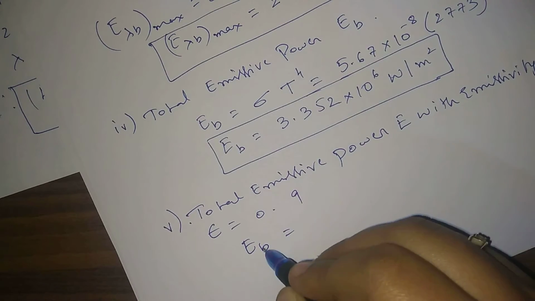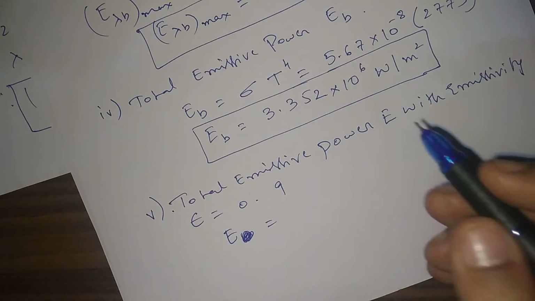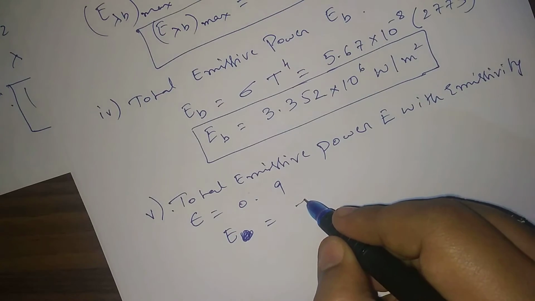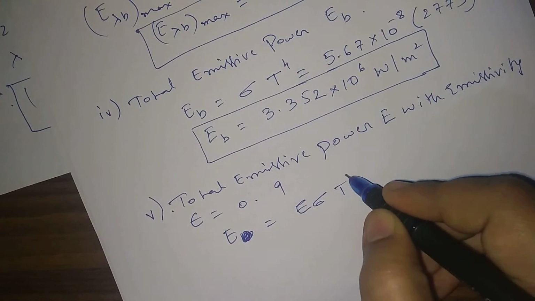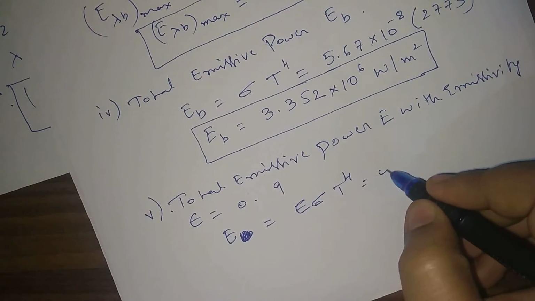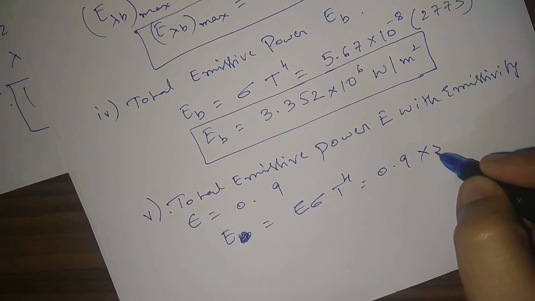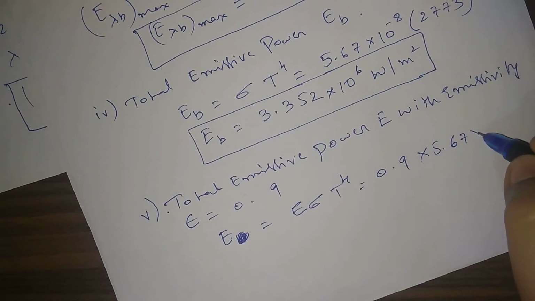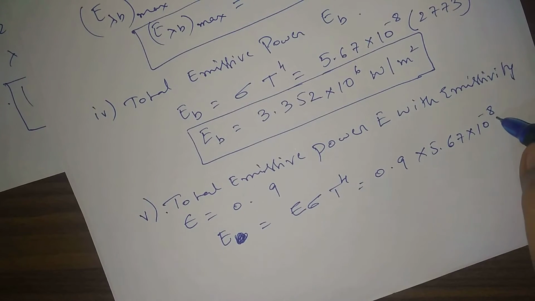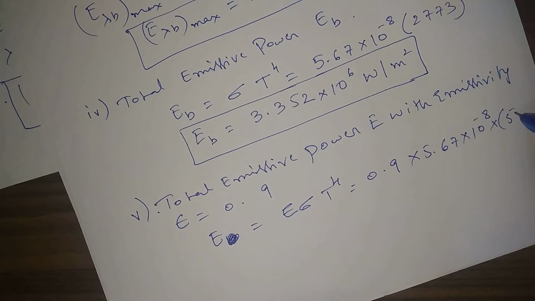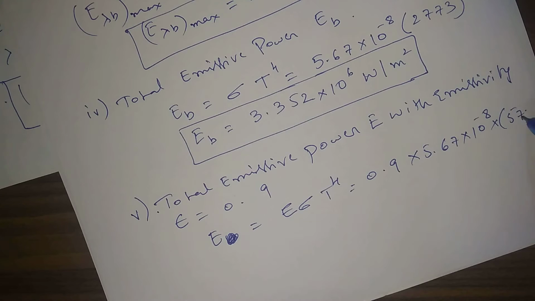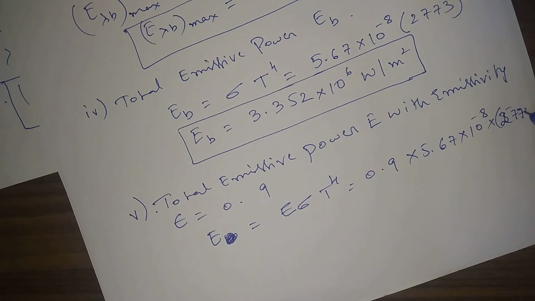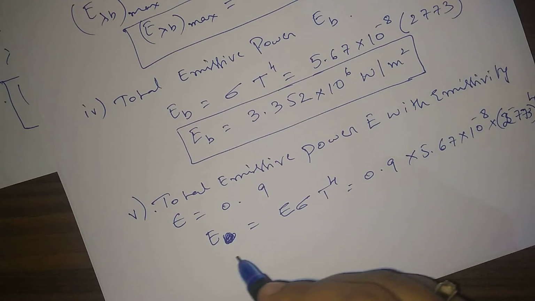It is no longer EB, it is just E, which is equal to epsilon sigma T to the power of 4, which will be 0.9 into 5.67 into 10 to the power of minus 8 into 2773 to the power of 4.